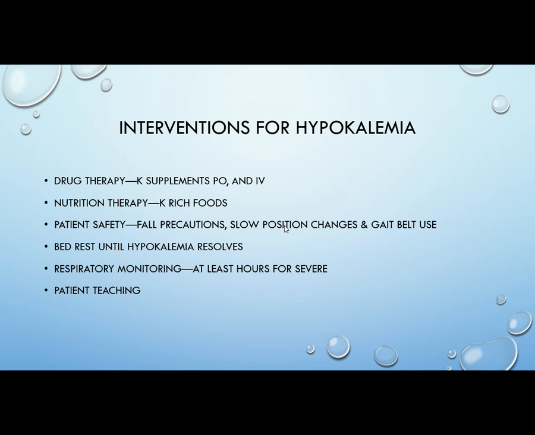Patients should be given, if you have a patient that is hypokalemic, they need to be given a potassium-sparing diuretic like spironolactone, okay, or triamterene or amiloride instead of your loops and your thiazides, okay?